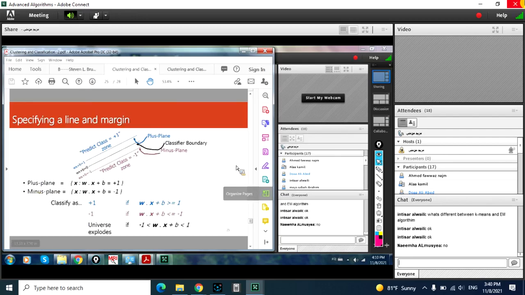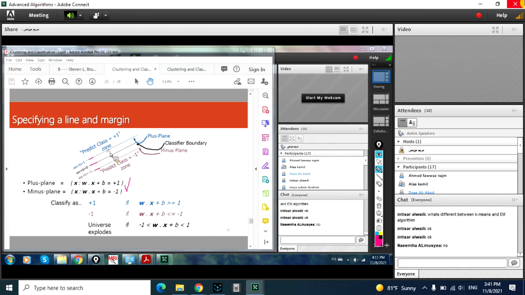Then because it's linear, we consider an equation, for example, wx plus b is equal to 0. It is the line of the classifier, and for the upper margin, we consider this equation is equal to 1, and for the lower margin, we consider this equation is equal to minus 1.